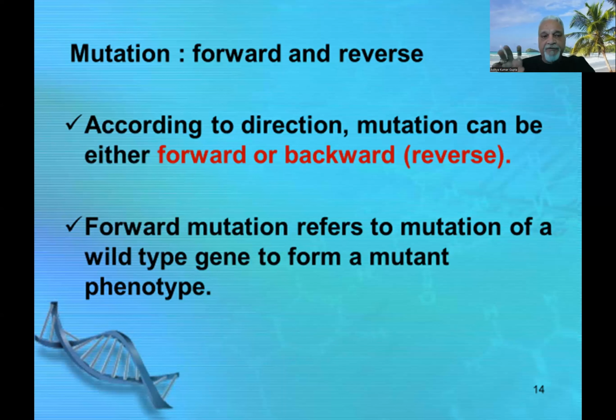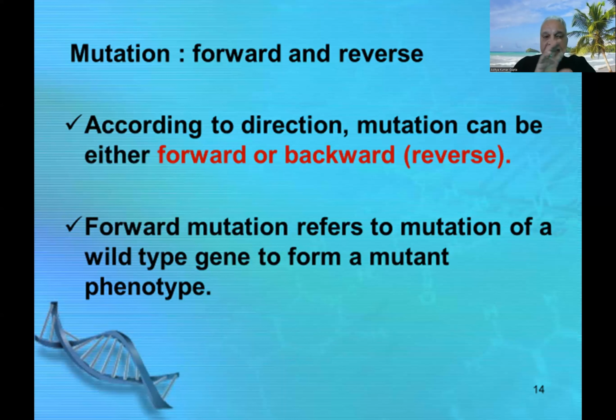For example, if you have a population of pro minus cells, and in these pro minus cells, if you see a pro plus phenotype, it means this pro plus phenotype has come from pro minus phenotype. And that is because of a mutation happening in the pro minus population, which has made one or a few of the cells change the phenotype from minus to plus. So this is known as back mutation.